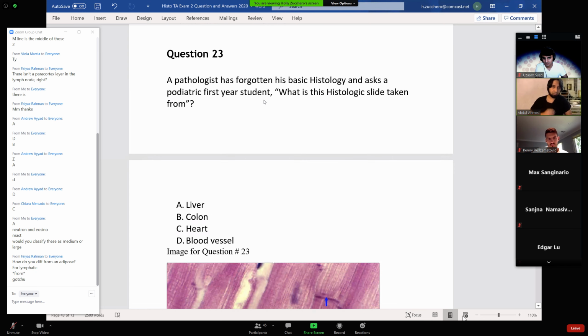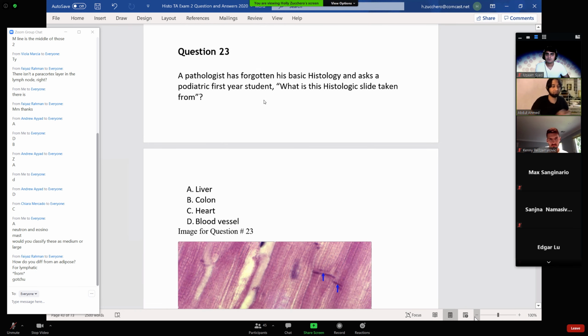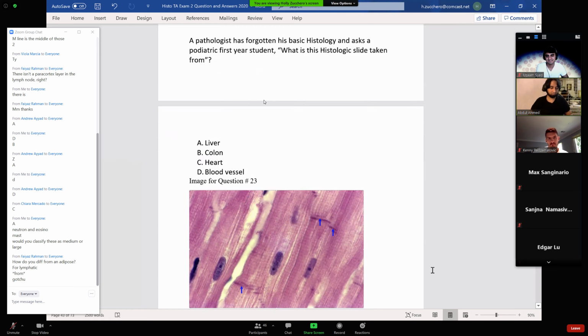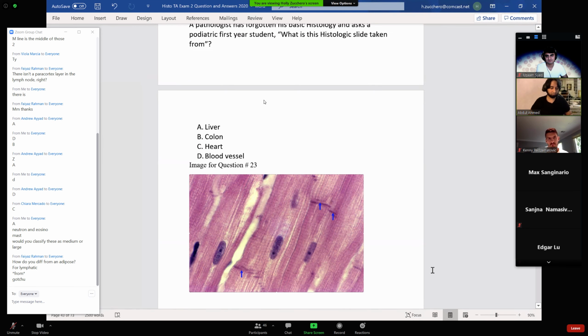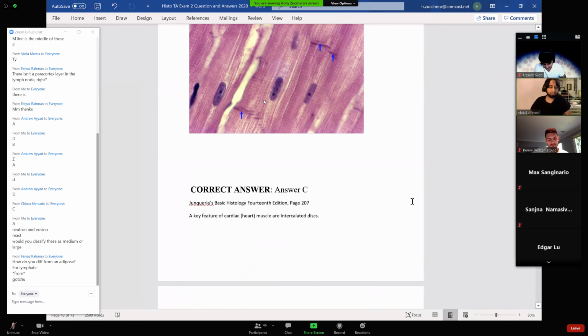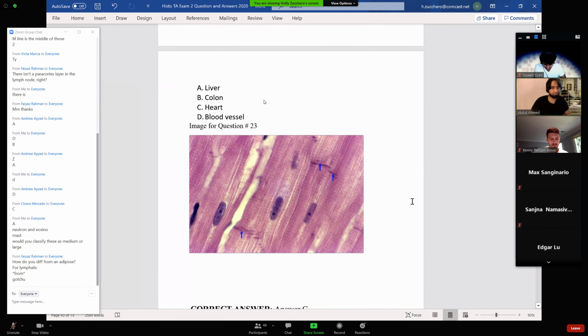Okay, so question 23. Yes, so we are looking at the heart. It can't be liver, colon, or a blood vessel. But can somebody tell me what that blue arrow is pointing to? What's that differentiating factor that's telling you that it's a heart? Intercalated discs.